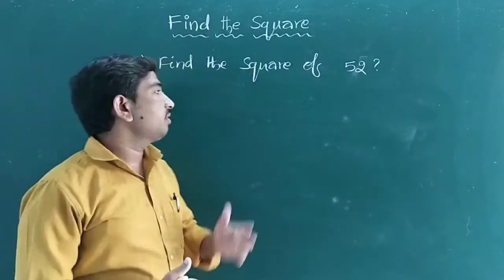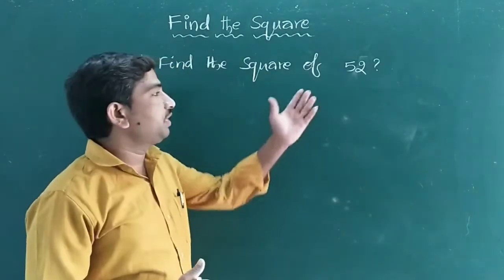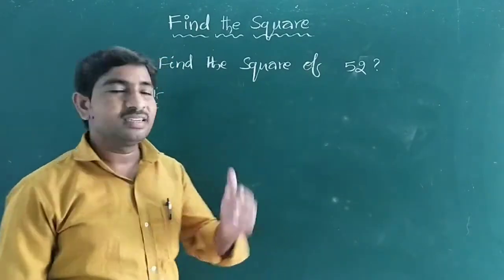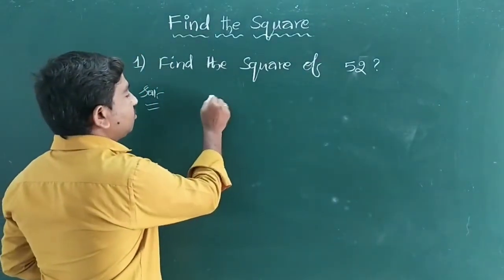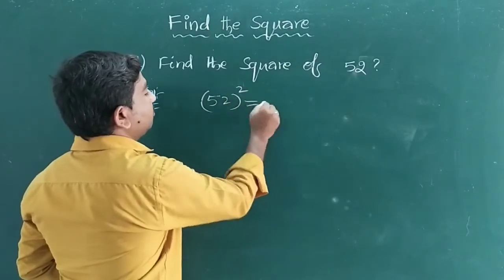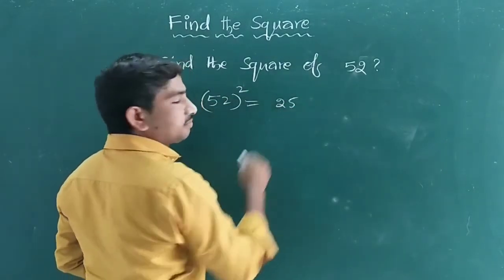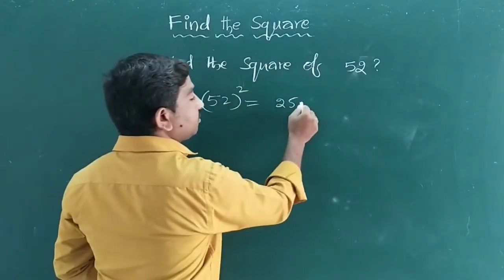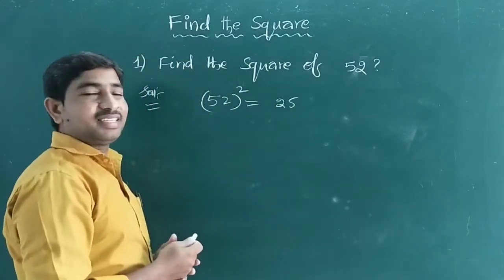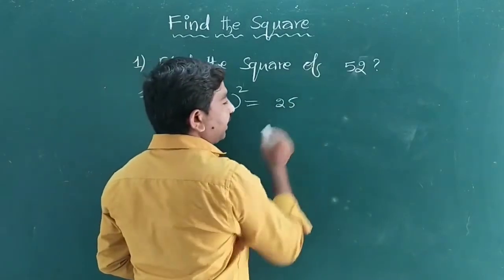Okay, next we will see one more example problem. Find the square of 52. In this situation, how will it be? 52 whole square is equal to, first we write 5 square. 5 square is 25 and 2 square is 4. When you are writing this 4, don't write 4 directly. Why?